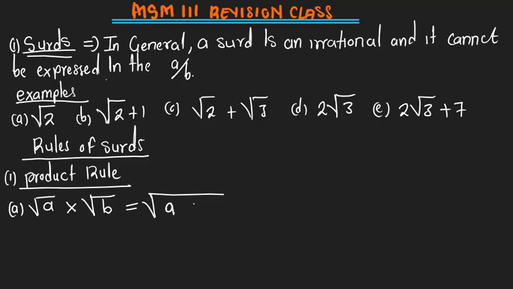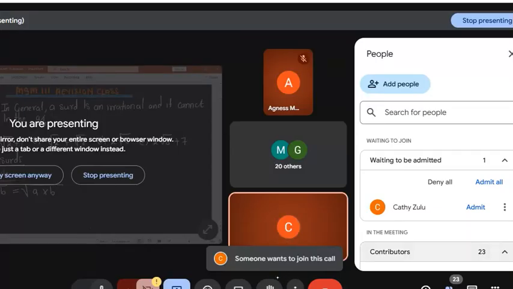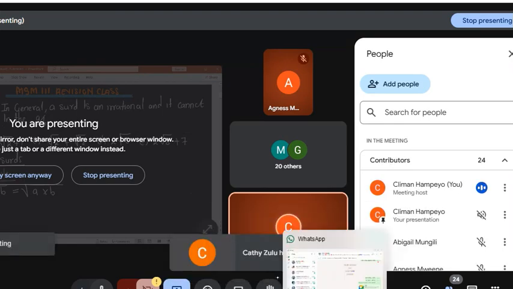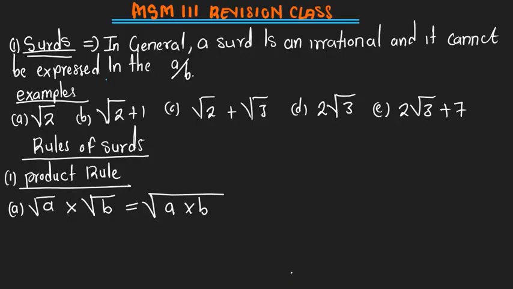So it will be the square root of a times b. That is one rule you should understand.